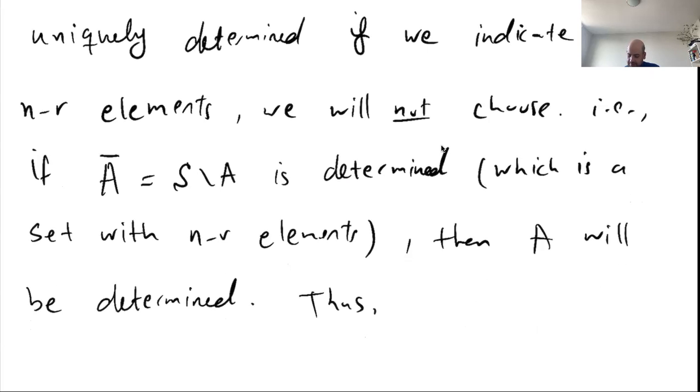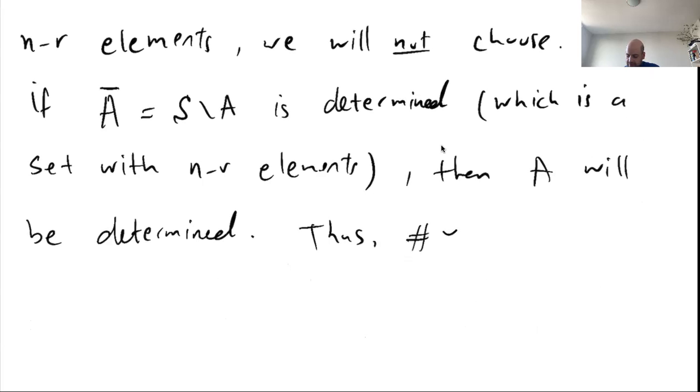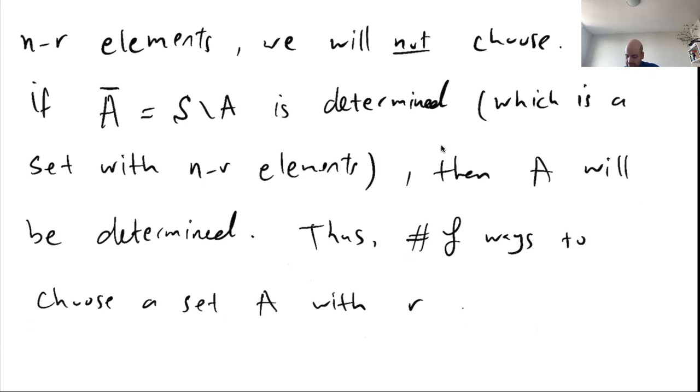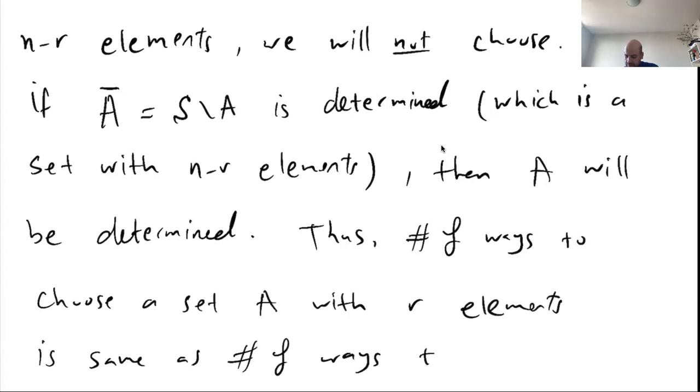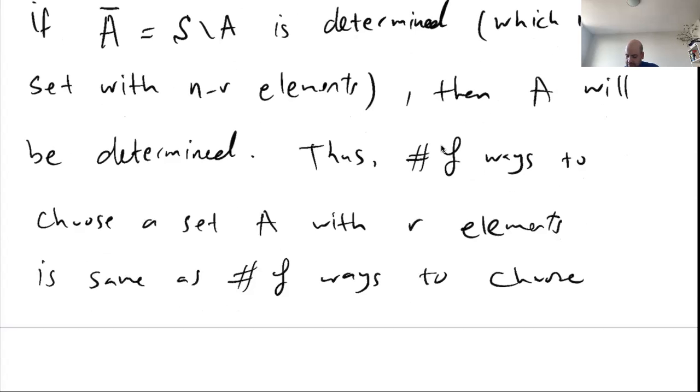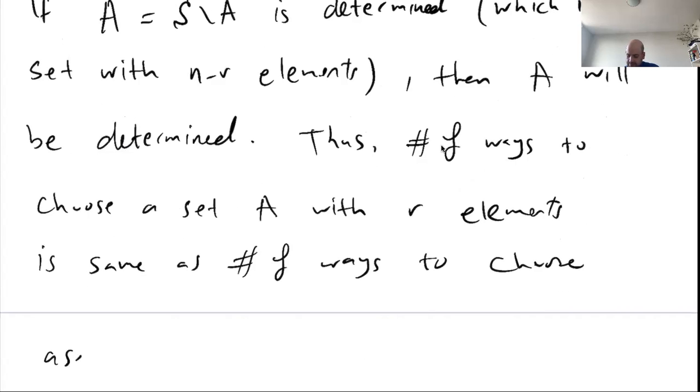Thus, the number of ways to choose a set A with R elements is the same as the number of ways to choose a set A complement with N minus R elements.